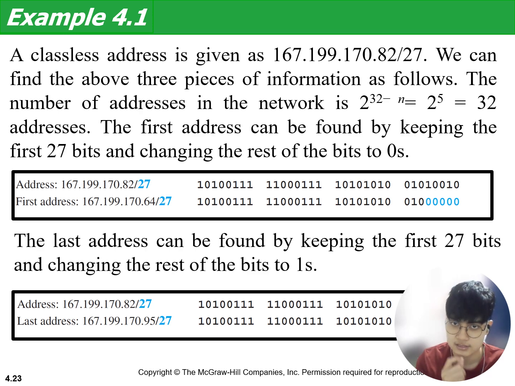The first address is found by keeping the first 27 bits and setting the rest to zeros. The last address is found by keeping the first 27 bits and setting the rest of the bits to ones.